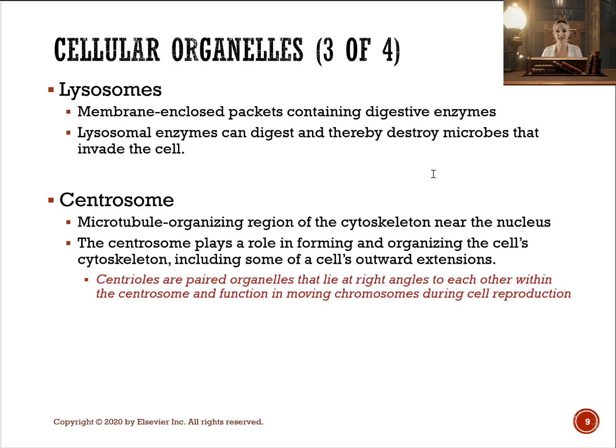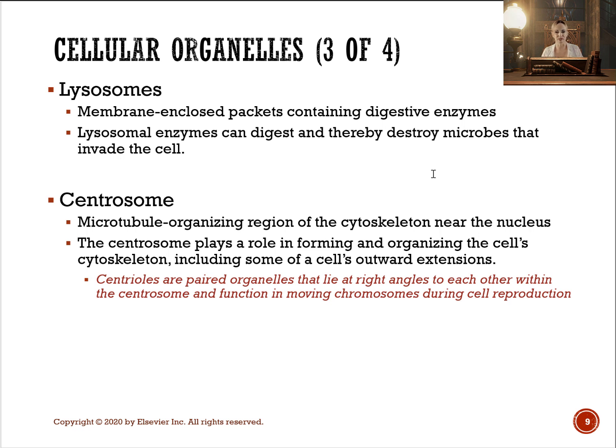Moving on, we have lysosomes. Sometimes we refer to lysosomes as the digestive bag or the microbe-eating organelle. This is a membrane-enclosed packet that contains digestive enzymes. Lysosomal enzymes can digest and thereby destroy microbes that invade the cell. Then we have our centrosome.